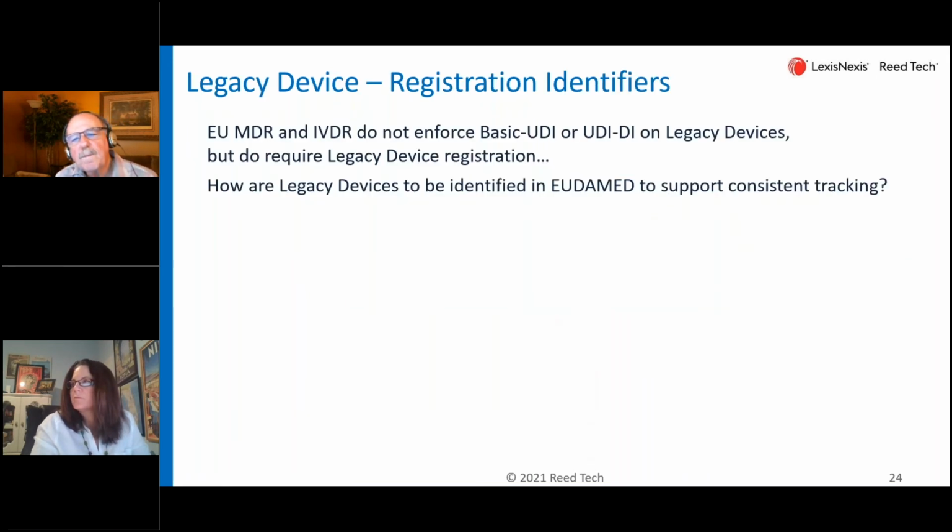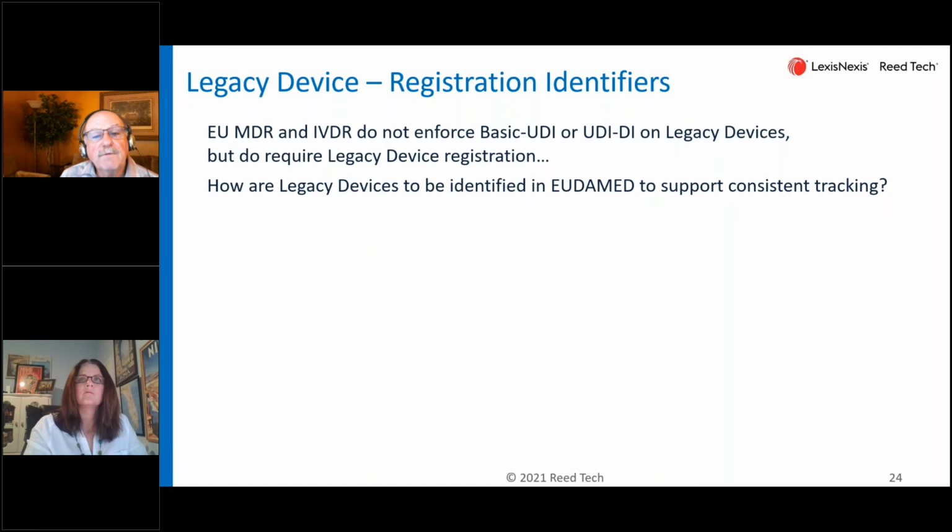Now, when you come over to legacy devices, it's not quite so transparent. The regulations, this legal framework, do not enforce a basic UDI or a UDI on a legacy device. So you might actually have a UDI identifier on your product as coincidence or as good practice, but there's no legal ground for applying a basic UDI or a UDI to a particular legacy product.